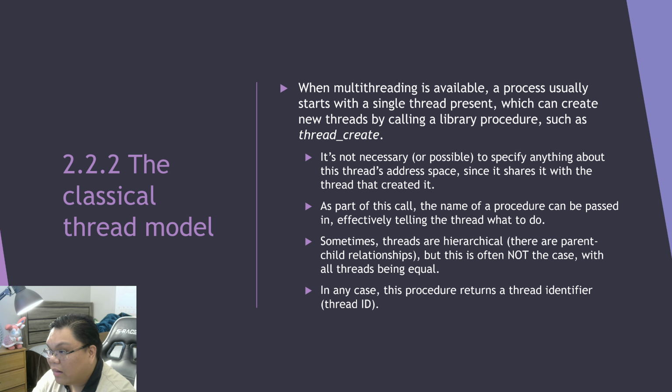As part of this call, the name of a procedure can also be passed in to this thread create function. This effectively tells the thread what to do. Sometimes threads are hierarchical, but often they are not, because all threads are treated as equal. In any case, this thread create procedure returns a thread ID, and that is used to identify which thread is which.